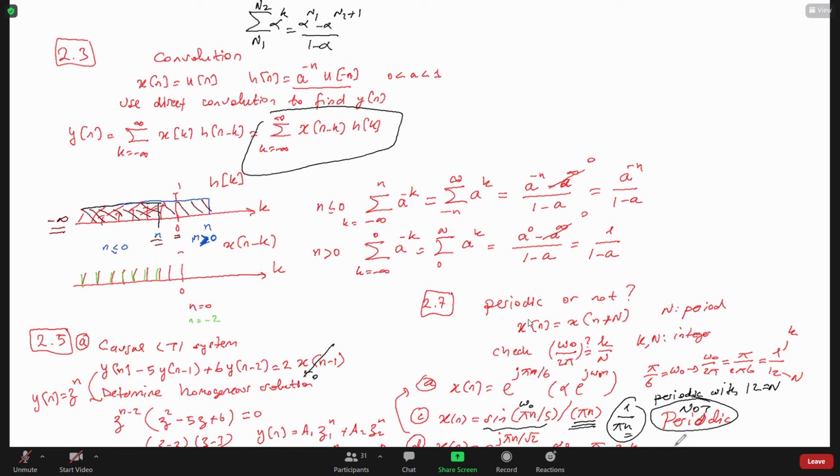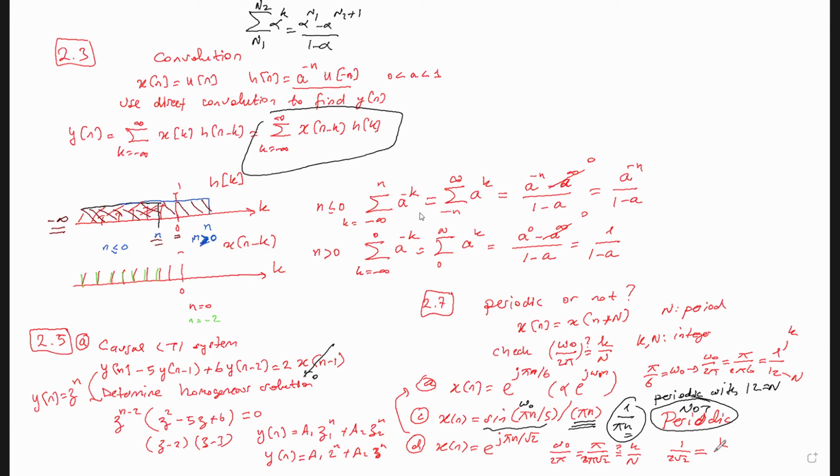Apparently, here it's going to be 1 over 2 square root of 2, which does not have the form of k over n, since this is not an integer, so not periodic.